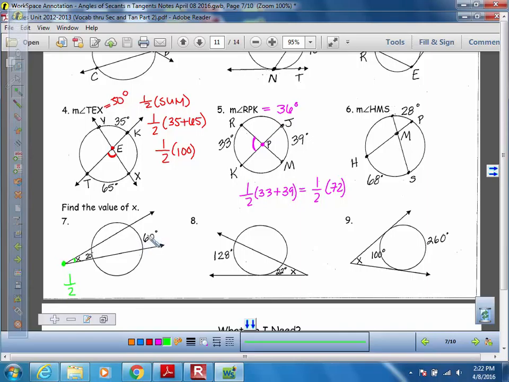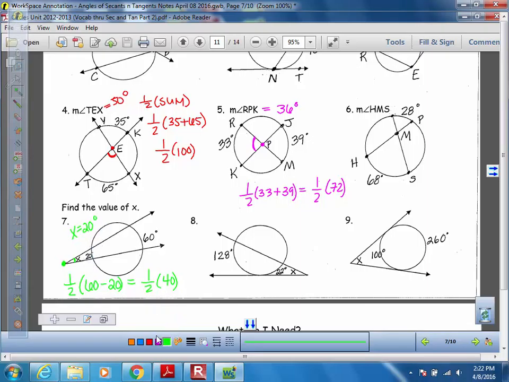So would it make more sense if we did 60 minus 20 or 20 minus 60? 60 minus 20, because that would give us a positive answer. So that would be 1/2 of 40. And half of 40 is 20. So x would equal 20 degrees.